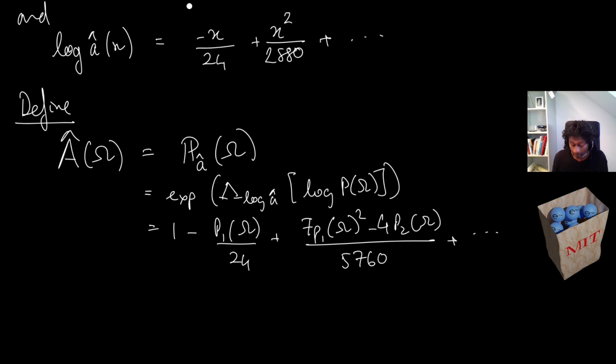This is really where the fact that it's an even algebra, a commutative algebra, comes in. So I can replace the product with just the usual product because it's a commutative algebra.